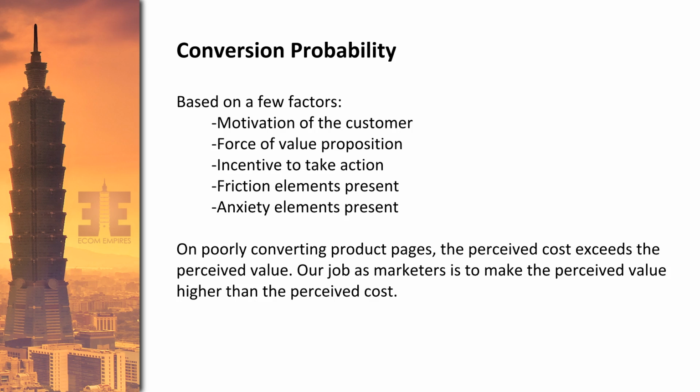Friction elements present. This is important because one mistake I see a lot of stores do, and I personally think this is a mistake, some people might disagree, but it's a friction element. When you visit a store and the first thing you see is a pop-up, like you haven't even had a chance to read the product page and all of a sudden, boom, in your face is some sort of pop-up.